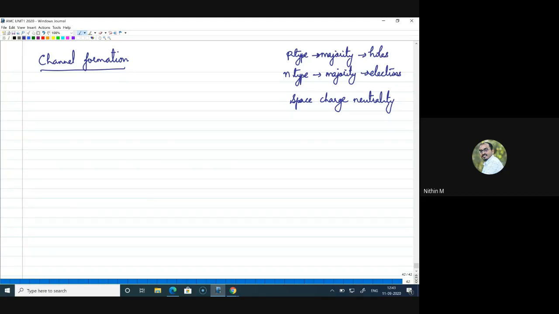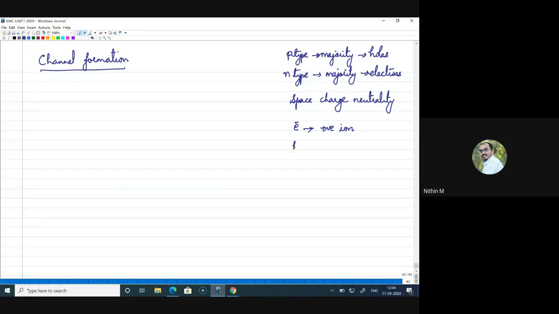And for every electron in a semiconductor, there will be a positive ion associated. That means when an electron is made free from an atom, the atom becomes an ion, and that ion will be a positively charged ion. Maybe you would have even studied these things in chemistry in your 10th or in your PUC.